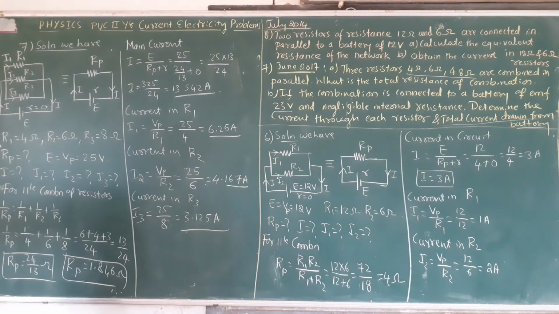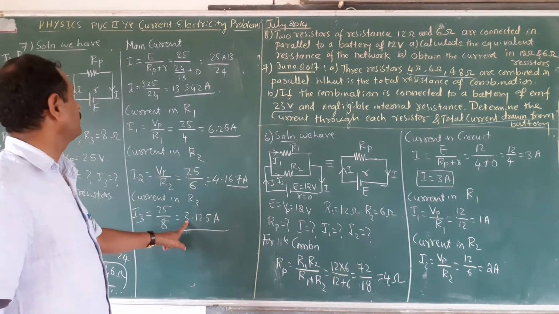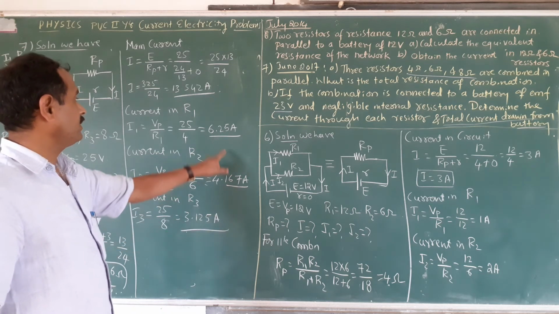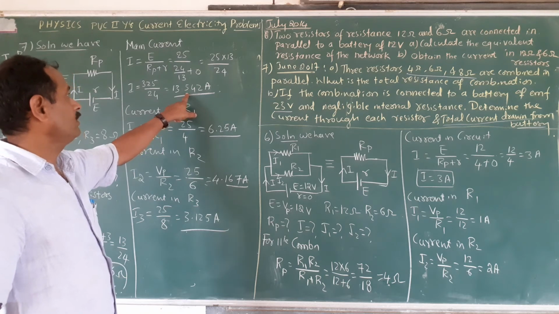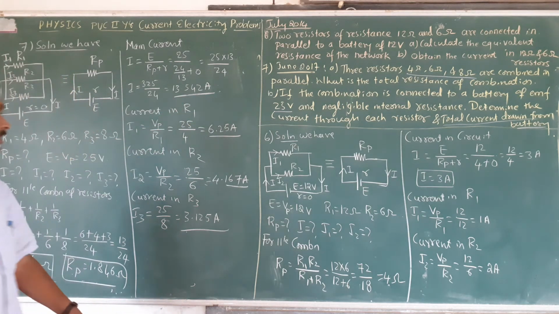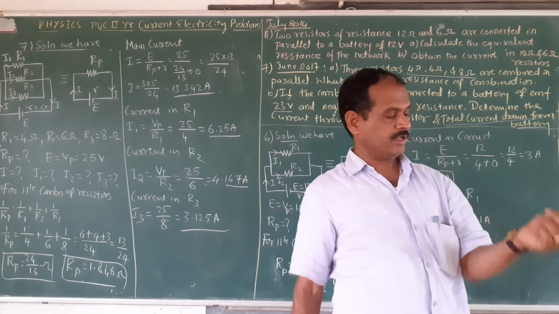Add these 3 values, cross multiplication. 6 plus 4, 10, 10 plus 3, 13, because 13 is the remaining fraction. Add these values, you get 13.542. This is the answer for this numerical problem.